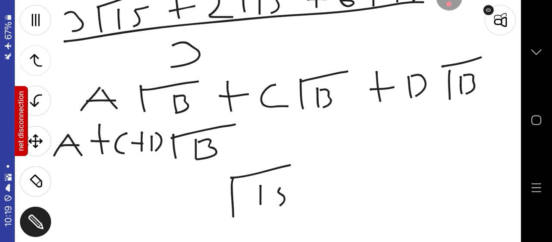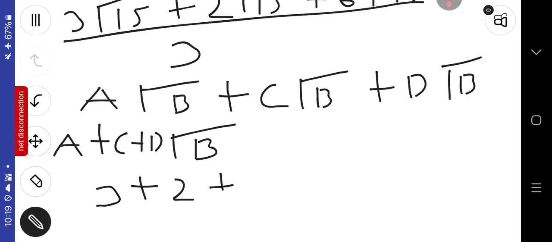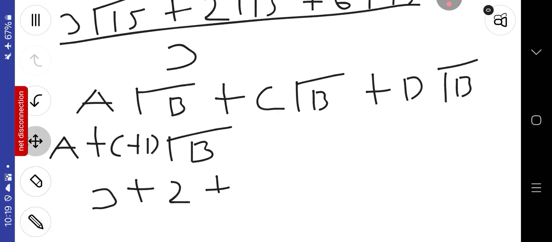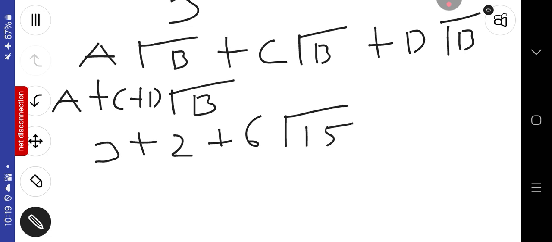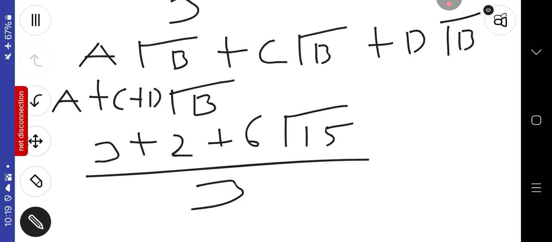First let's do this. So you're going to have 3 plus 2 plus, the last one is 6, plus 6 root 15. So now you know why we are picking only one square root of 15, all over 3.